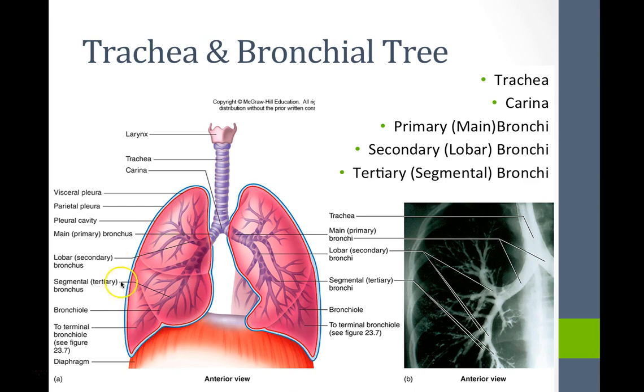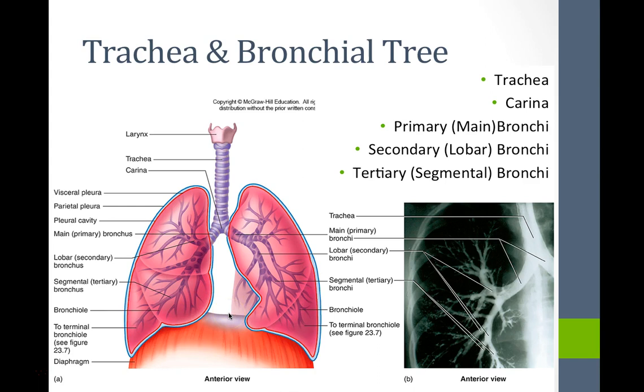After that, they will further bifurcate into tertiary bronchi, and each of these bronchi will go and supply each bronchopulmonary segment, which in our lecture portion of chapter 23 we will discuss. For now, just know that they are certain areas within the lobe that are sectioned off to certain tertiary bronchi.